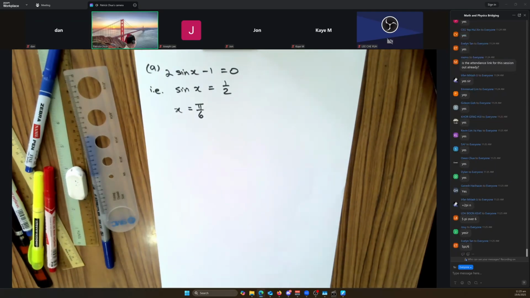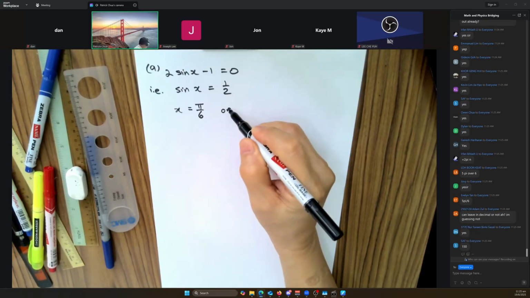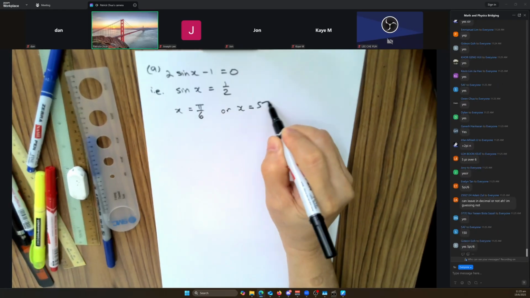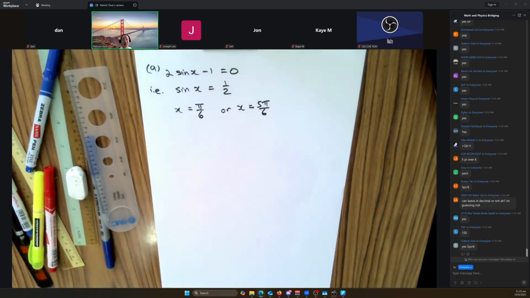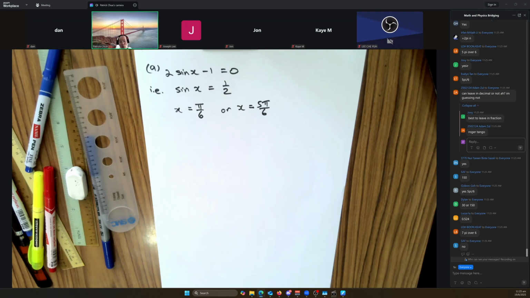Someone got x is equal to 5 pi over 6. Any more besides pi over 6 or 5 pi over 6? No more.